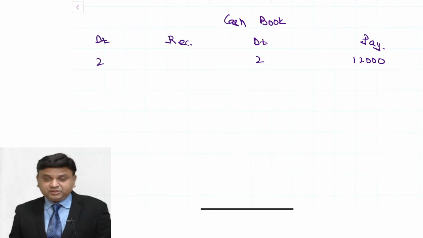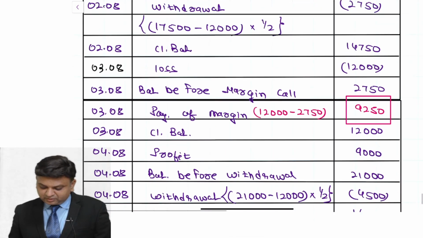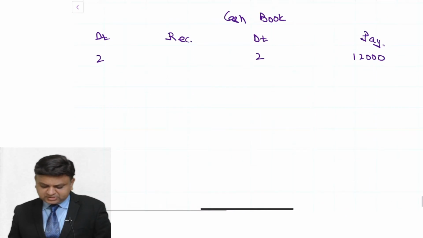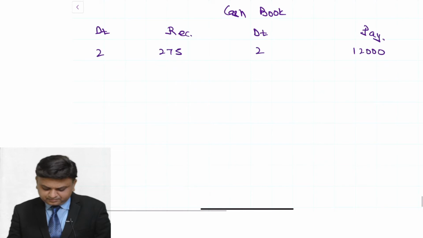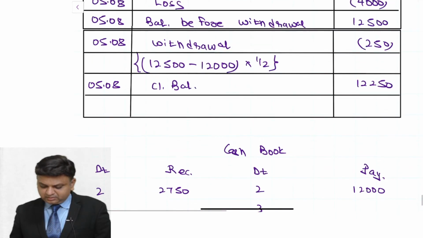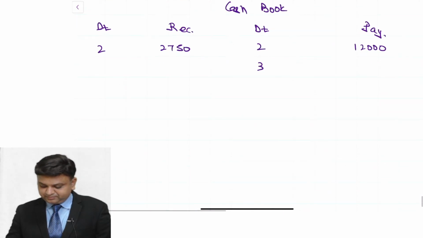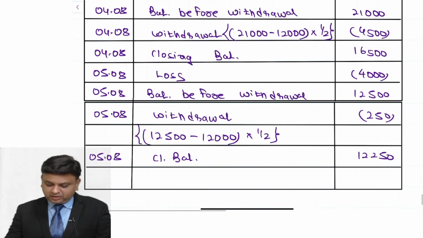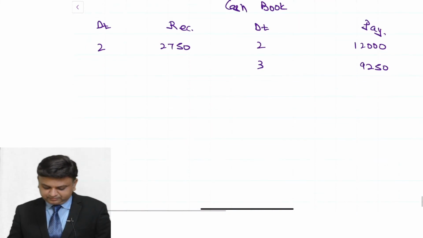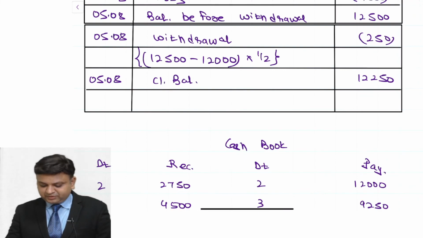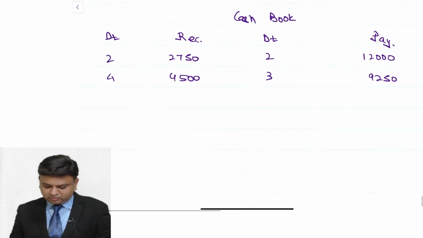On 2nd itself, you will receive an amount of rupees 2750 because that is the amount that you withdraw. On 3rd, you will make the payment of the margin call 9250. On 4th, you withdraw rupees 4500. On 5th, you will withdraw an amount of rupees 250.